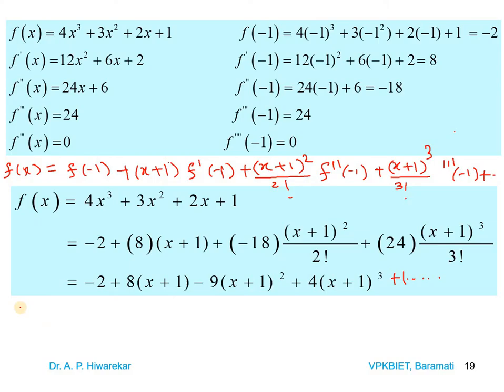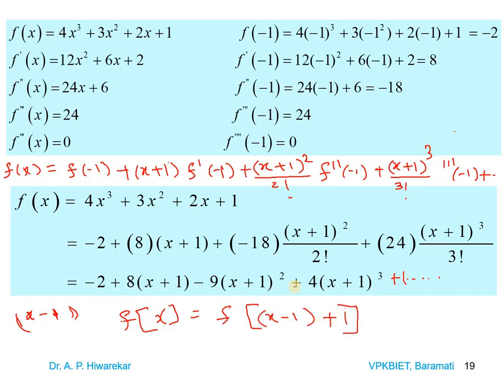In this problem, you can write the same problem but expand f(x), whatever f(x) value you have, you take the same value. Expand it in powers of x minus 1 instead of x plus 1. If you want to expand it in powers of x minus 1, you write f of x as f of (x minus 1) plus 1.